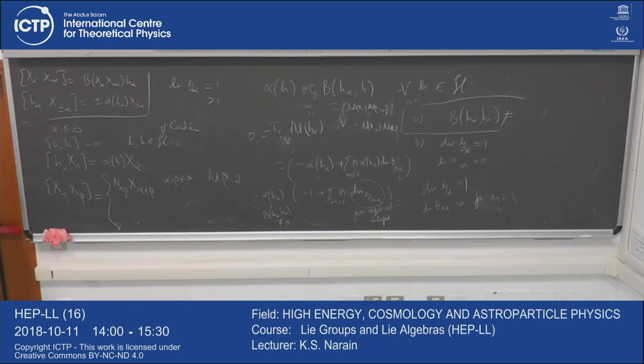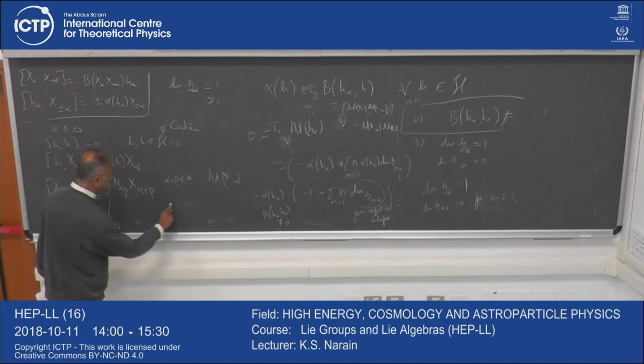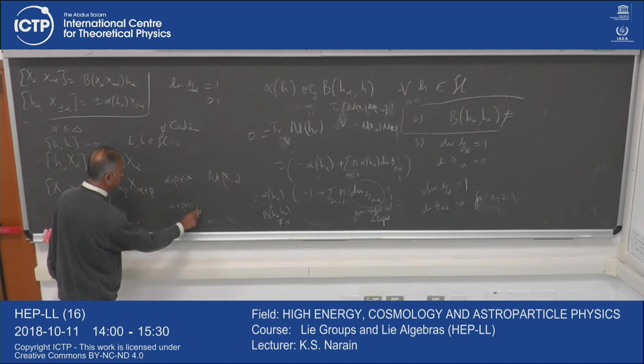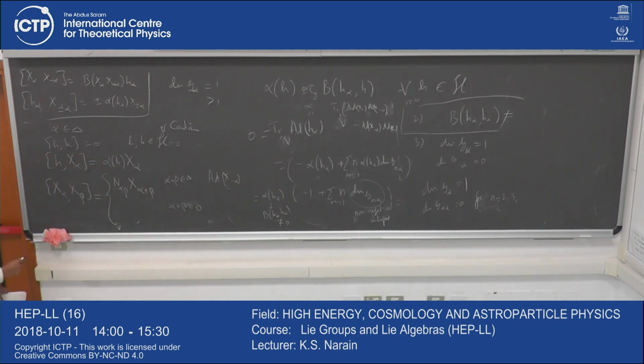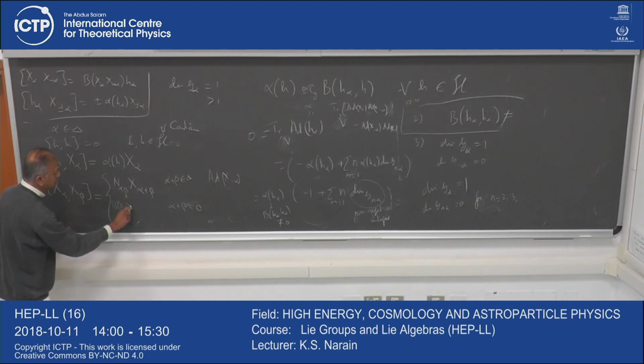It was an exercise. Yeah, we also proved it. Okay, so that was that. So this is the case. And then, if alpha plus beta equals 0, which means beta equals minus alpha, then we already have that it's B(X_alpha, X_minus alpha) times H_alpha.